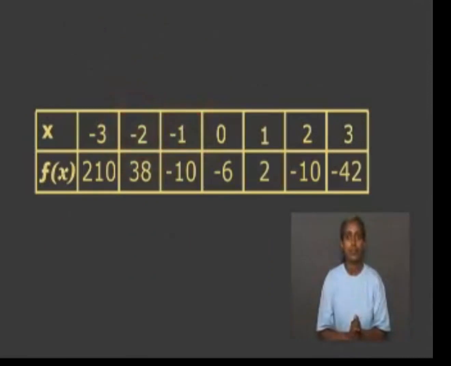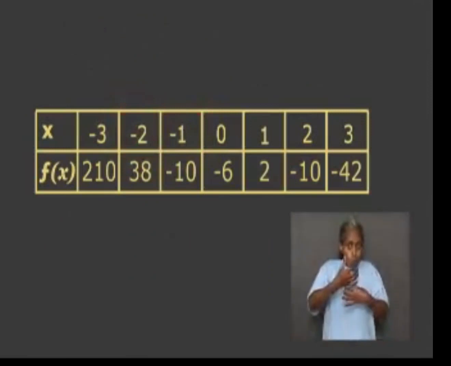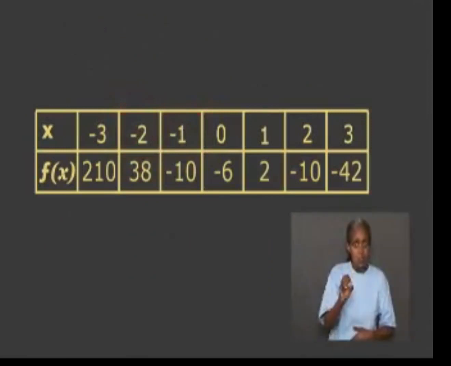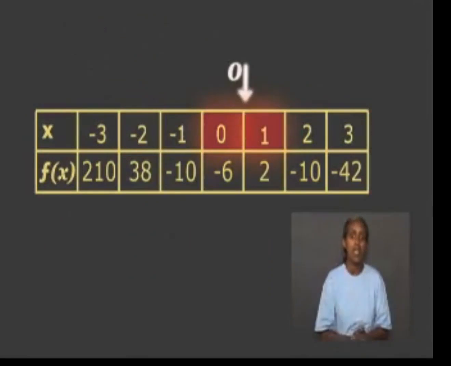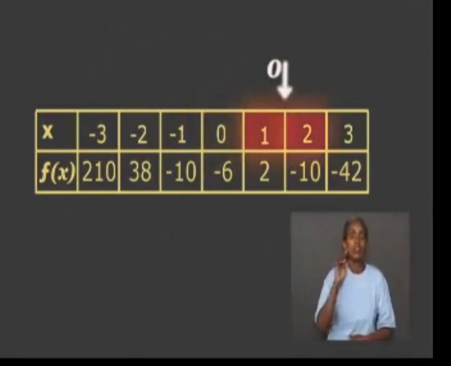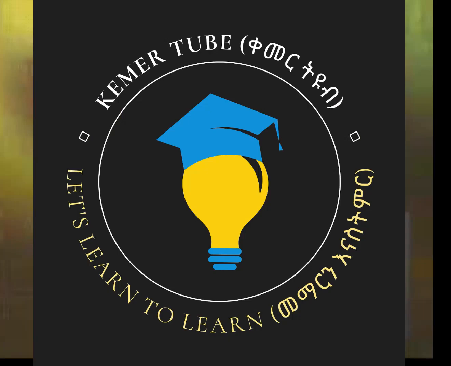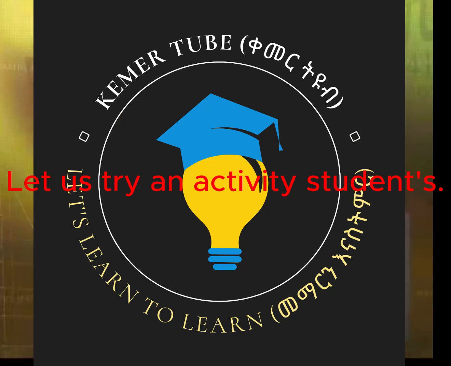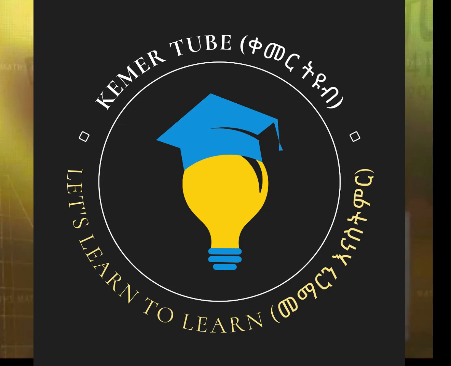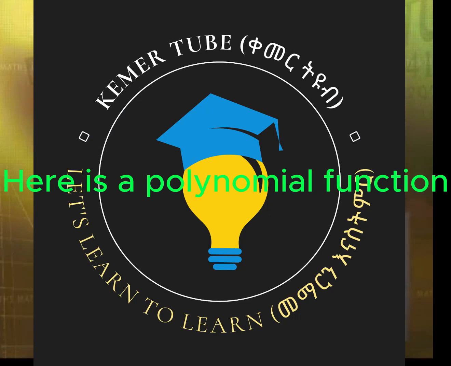We can also conclude that there are zeros between 0 and 1, between 1 and 2, and between 5 and 6. Let us try an activity, students. Here is a polynomial function.